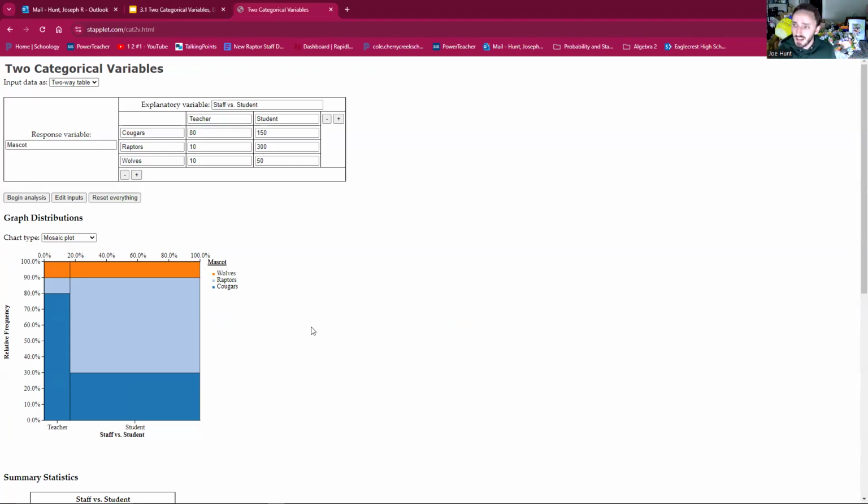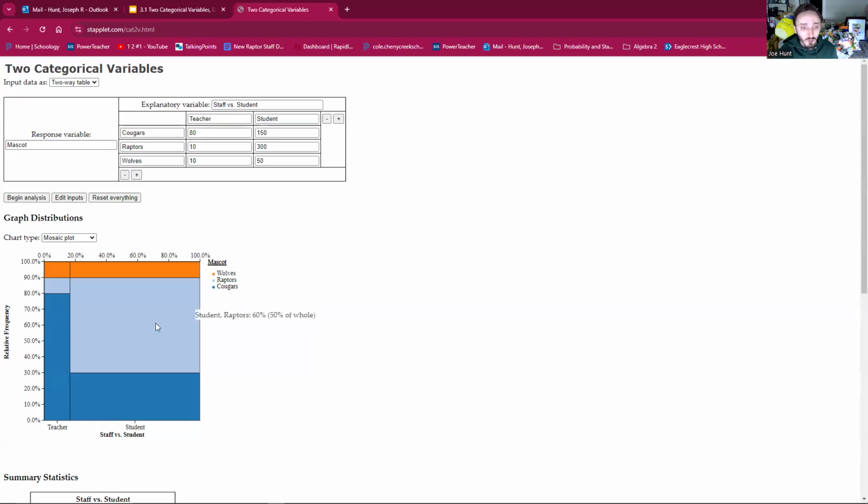So if you're looking at a segmented or a side-by-side bar chart, it might sometimes be difficult to see how the sample size gets represented in that illustration. However, in a mosaic plot where everything is represented as areas, now we're definitely seeing why we're the Eagle Crest Raptors.